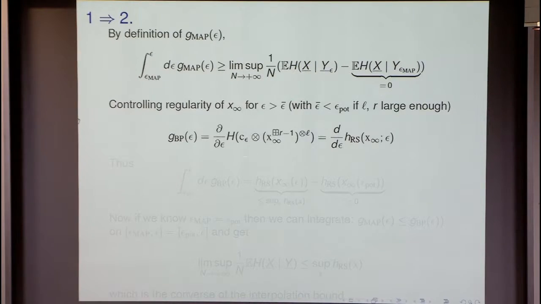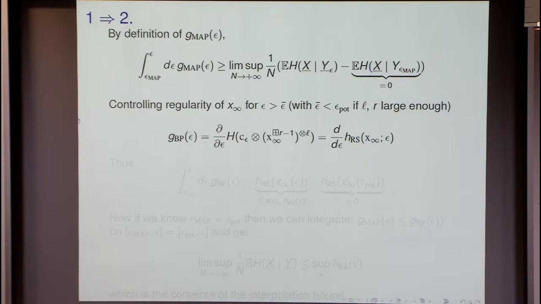Now let me take the belief propagation exit curve. This belief propagation exit curve, as I said before, is defined simply as this partial derivative of the entropy of the BP marginal. Okay.